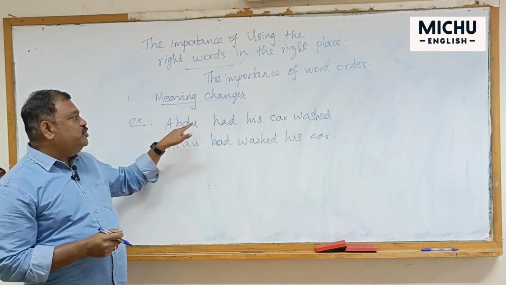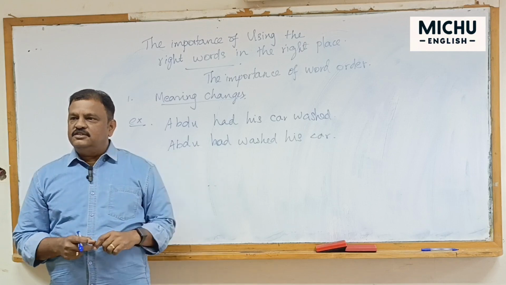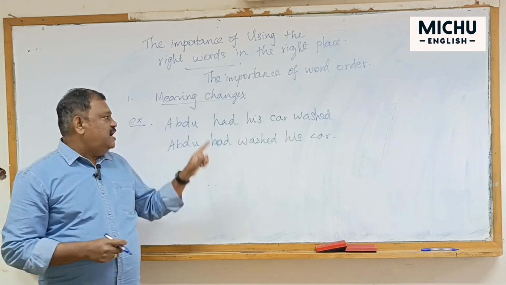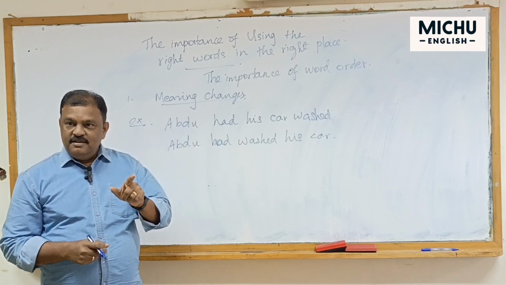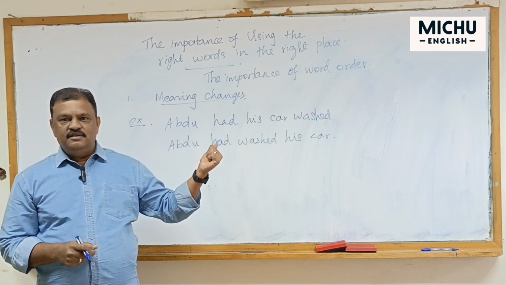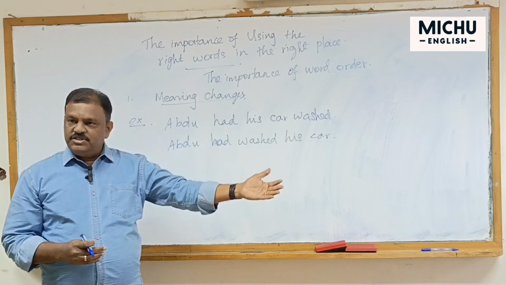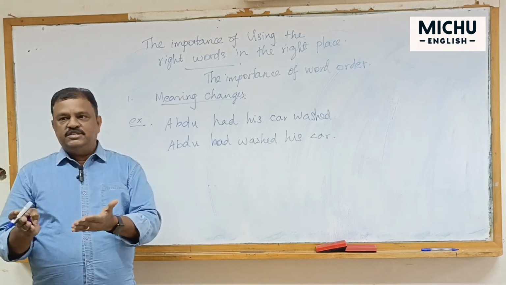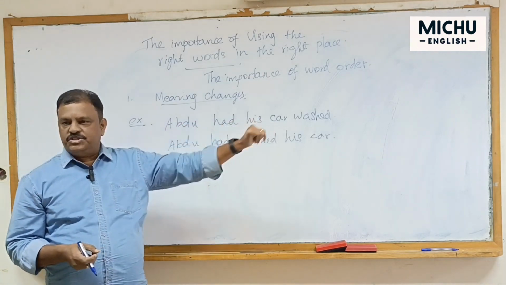When you say Abdu had his car washed, the meaning of this sentence is, listen carefully, Abdu did not wash his car, but somebody else washed his car. Maybe Abdu took his car to a garage and there the workers washed his car.